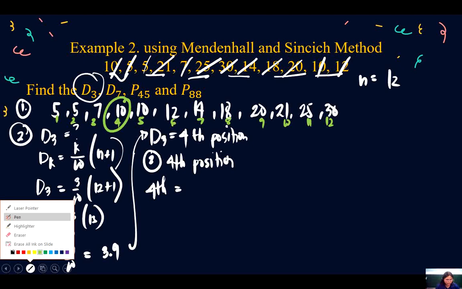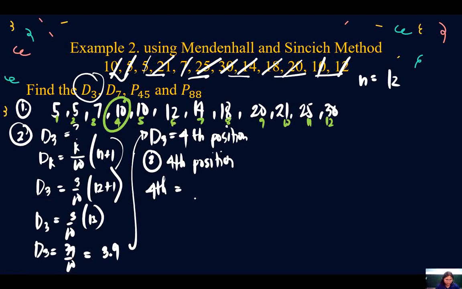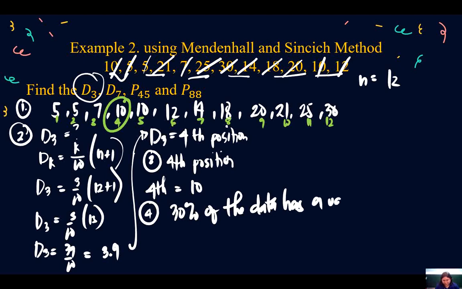Okay, so meaning 10. So our interpretation, class, is that the third decile, so 30% of the data, has a value of less than or equal to 10.